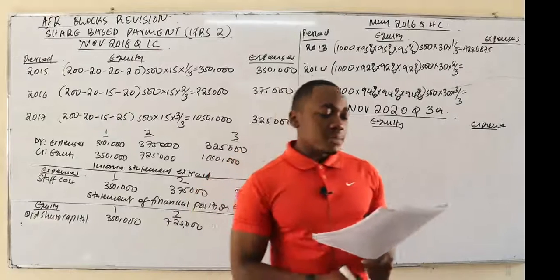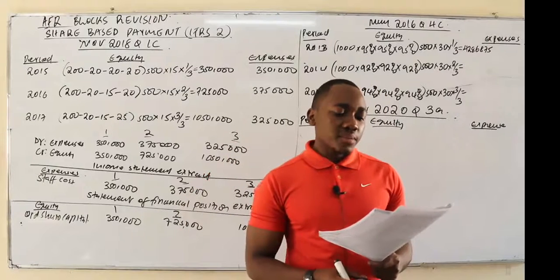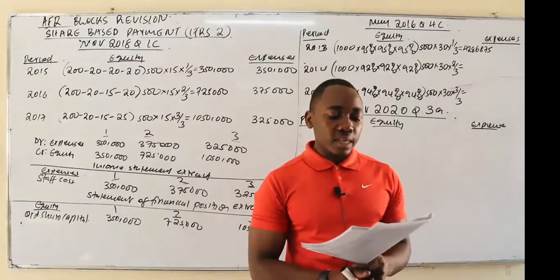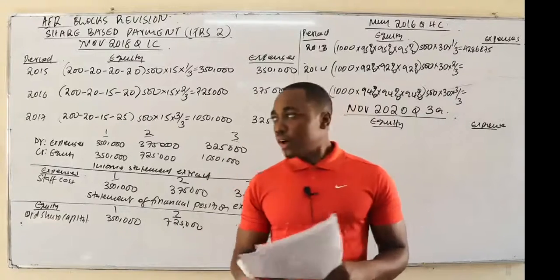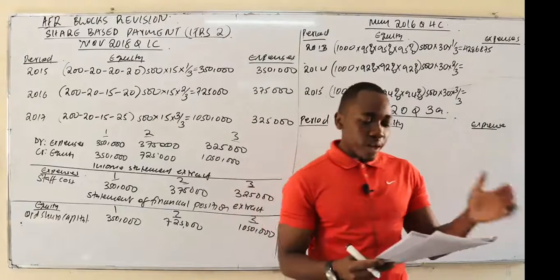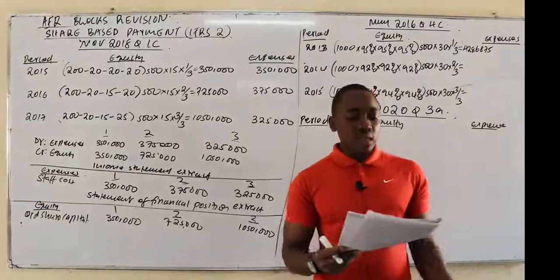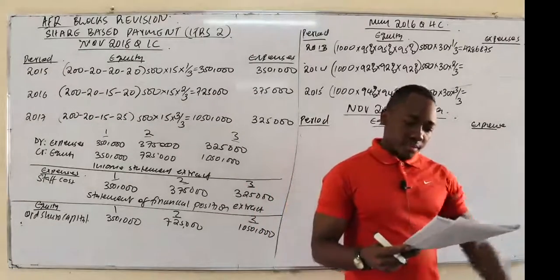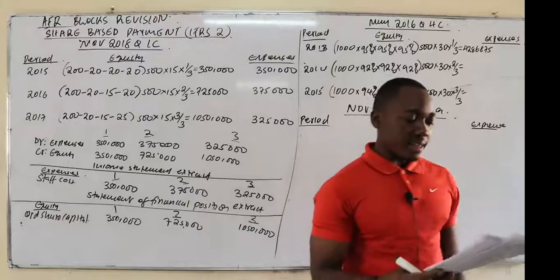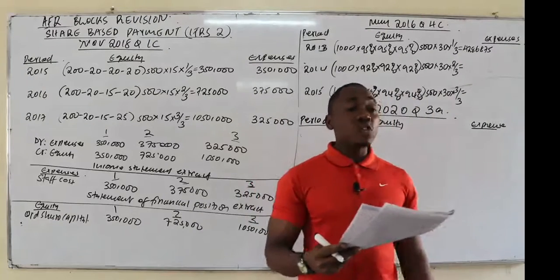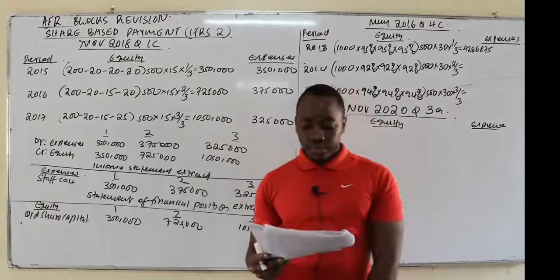They have estimated that 20% of the directors who received the share options will leave the employment of Madini Limited over the vesting period. Now note that it's 20% over the 10-year period, not 20% in each of the 10 years. So kindly understand that. In short, of all the 10 years, it's only 80% who will qualify.